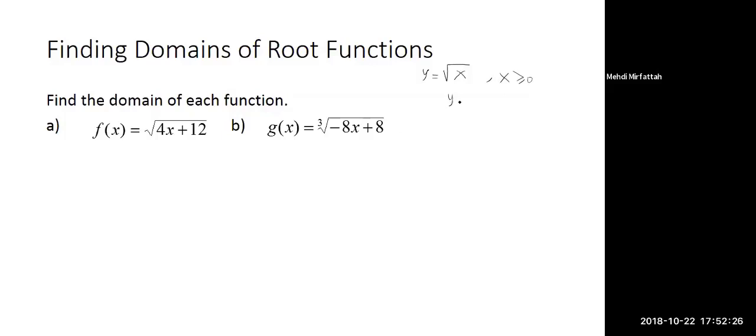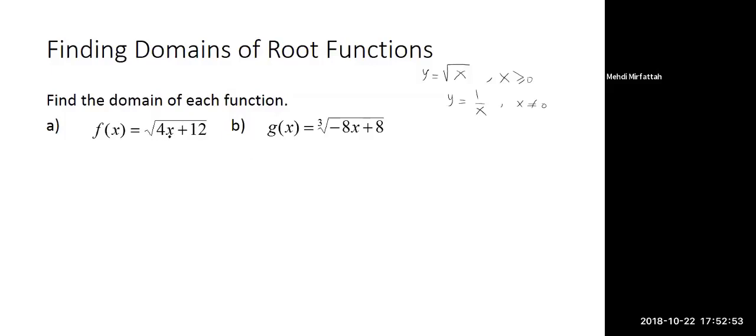Another restriction appears when the variable goes at the bottom of the fraction, like 1 over x. So what would be the restriction here? x cannot be equal to 0. So there are two things that you really look for when you're looking for a domain. You want to make sure whether your variable appears under the radical or under the denominator. In this case, both of these have variables under the radical.